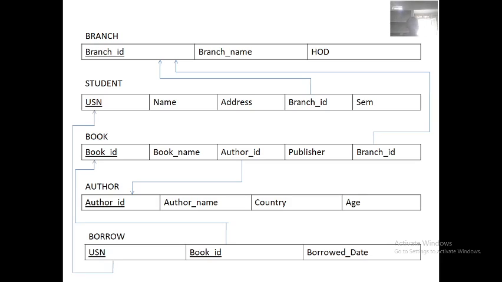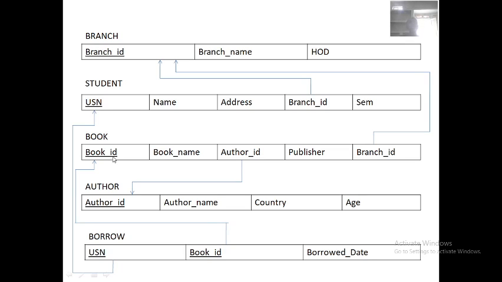Now we will come to this last table, the borrow table. See here, this USN is linked with the university seat number of the student. And this book ID is linked with this book table.